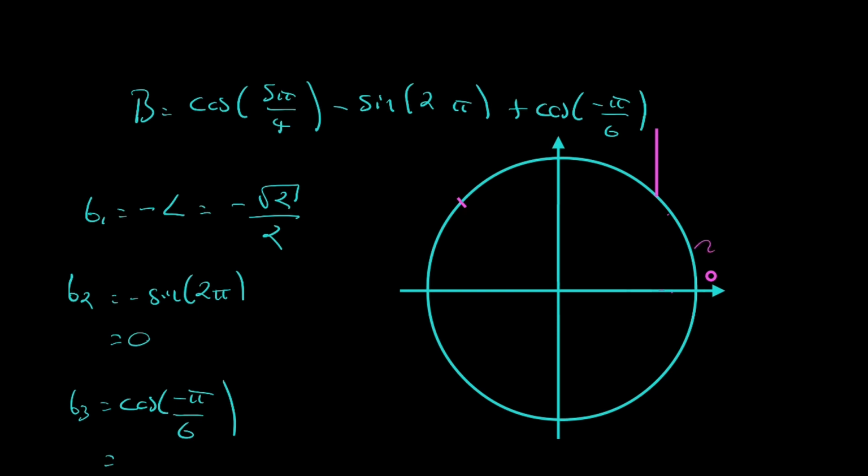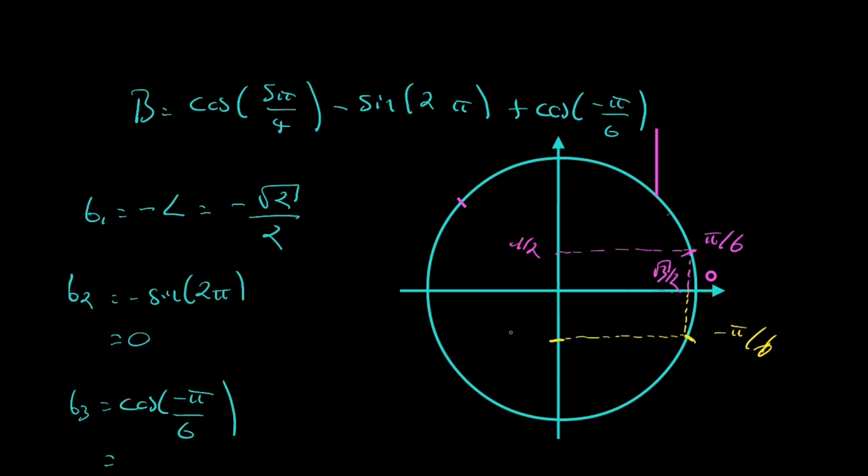We've got our angle pi over 6 that we know here. Pi over 6 with the values. Square root of 3 over 2 for cosinus and 1/2 for sinus. Now the angle minus pi over 6. We will have the same cosinus as pi over 6, but negatively the sinus of pi over 6.